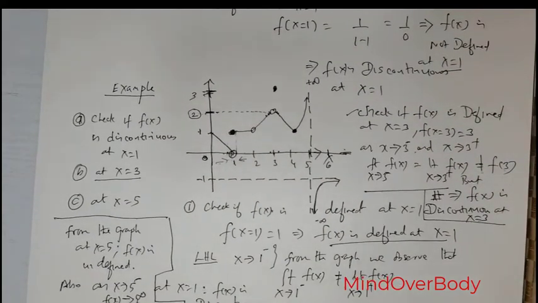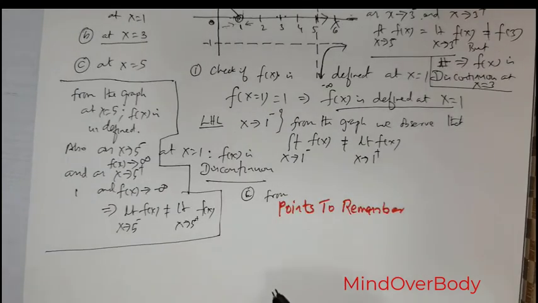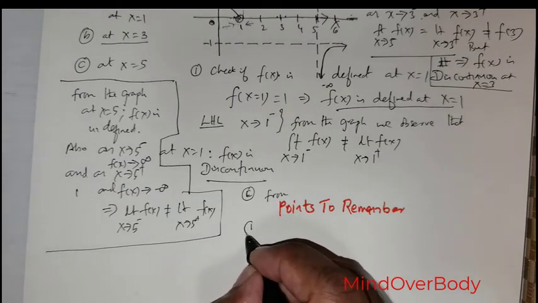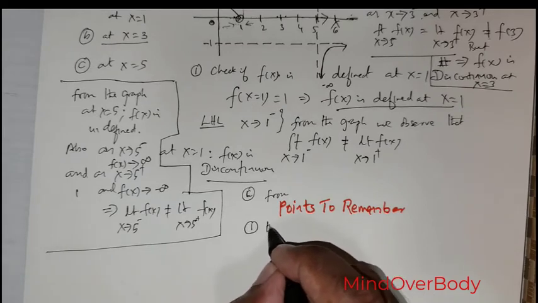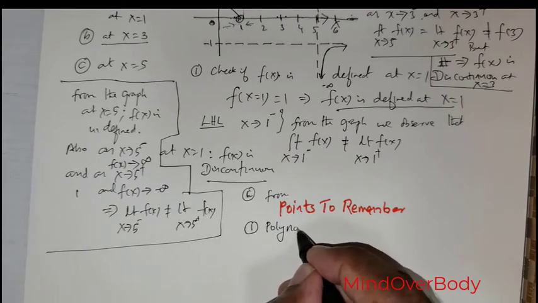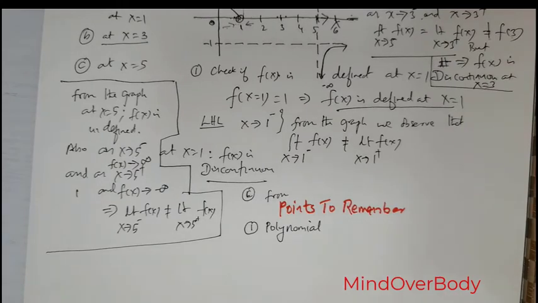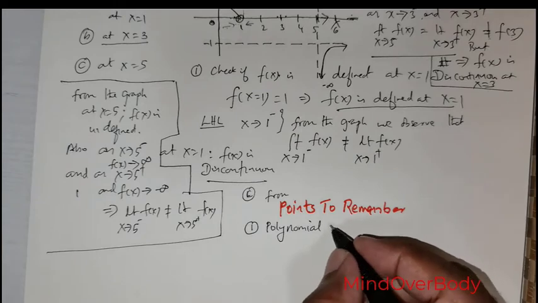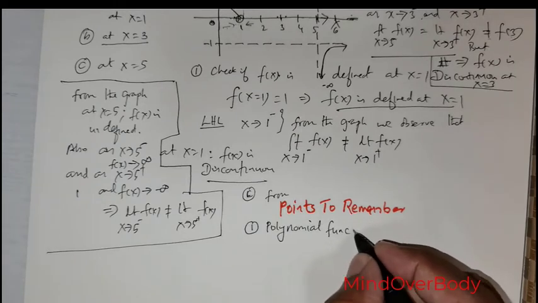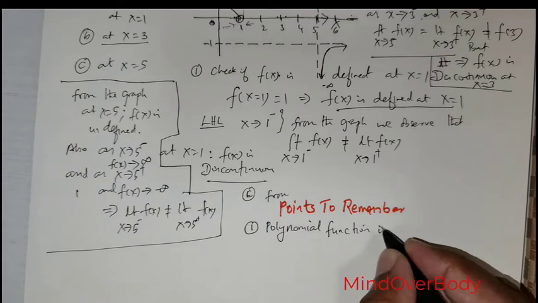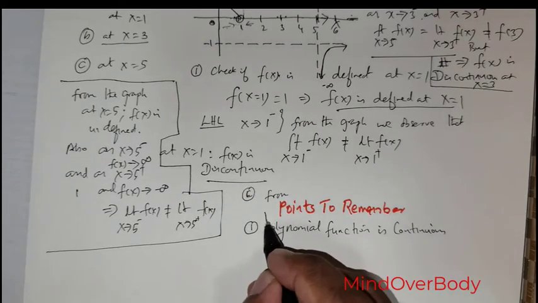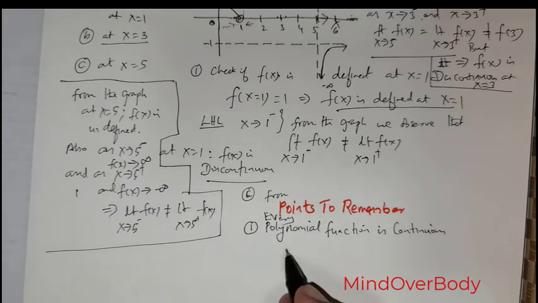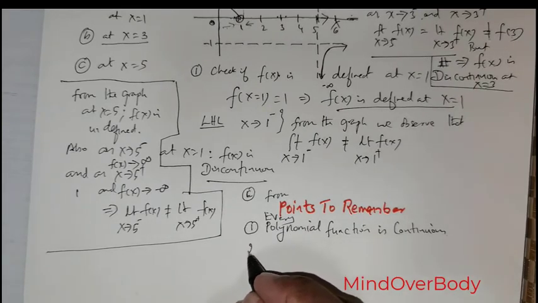So we will move on. Now, students, we will give some important points that we will have to take into consideration. If you are given a polynomial to check for either continuity or discontinuity, then remember that polynomial functions are going to be continuous. In other words, every polynomial function is continuous.